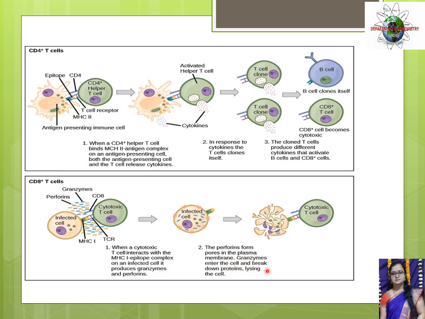Granzymes enter the cell and break down the proteins, lysing the cell. That means when the cytotoxic T cell, that is the CD8 cell, acts upon the MHC complex of an infected cell, what happens? It progresses into the infected cell and directly kills the infected cell.